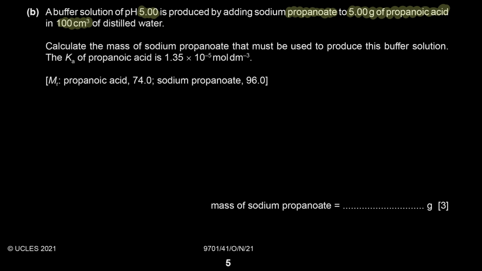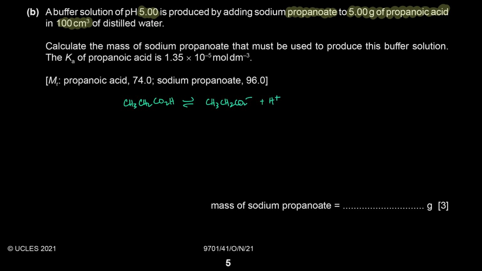First of all, for a buffer solution, what we need is a weak acid. So here we have propanoic acid, CH3CH2CO2H, which ionizes to CH3CH2CO2 minus plus H plus.